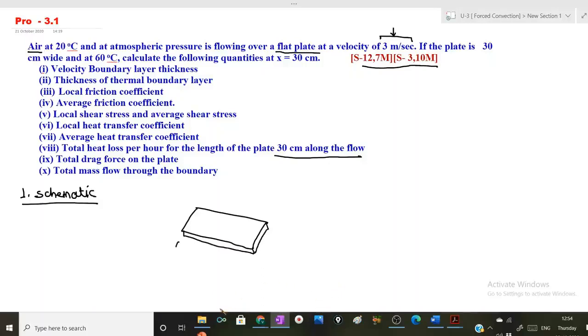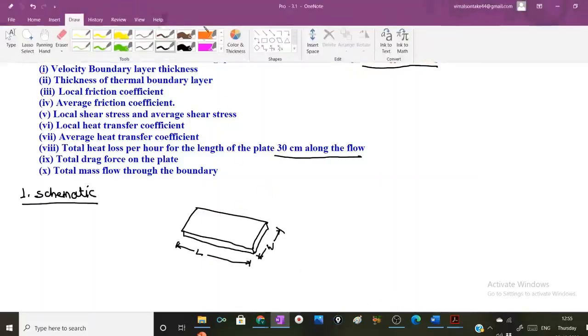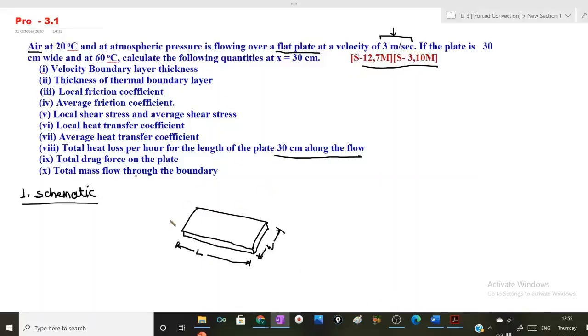Let's say its total length is L and its width is W. Let's say air is flowing over this flat plate having the velocity u infinity and temperature T infinity.